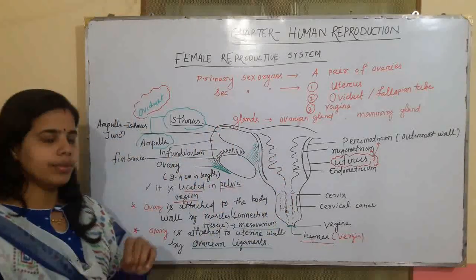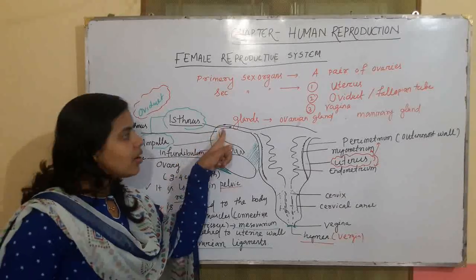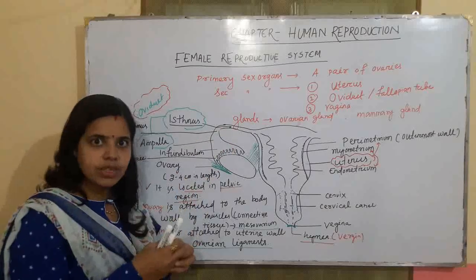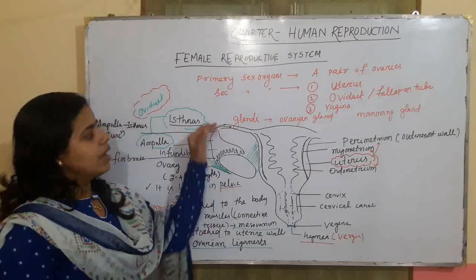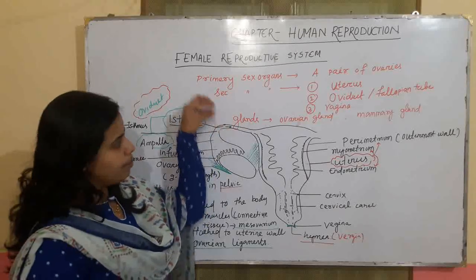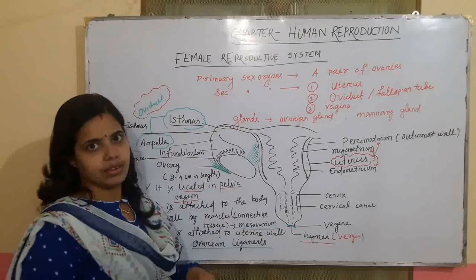This is where zygote formation takes place. After that the cleavage or division process occurs, then blastulation, and then the embryo is implanted in the uterus.